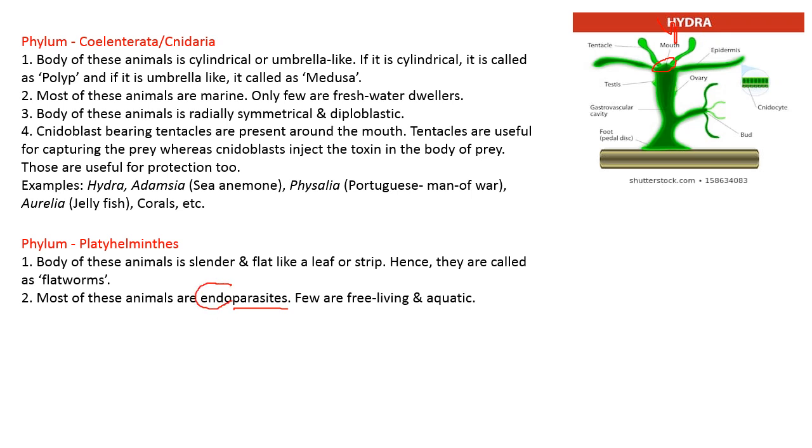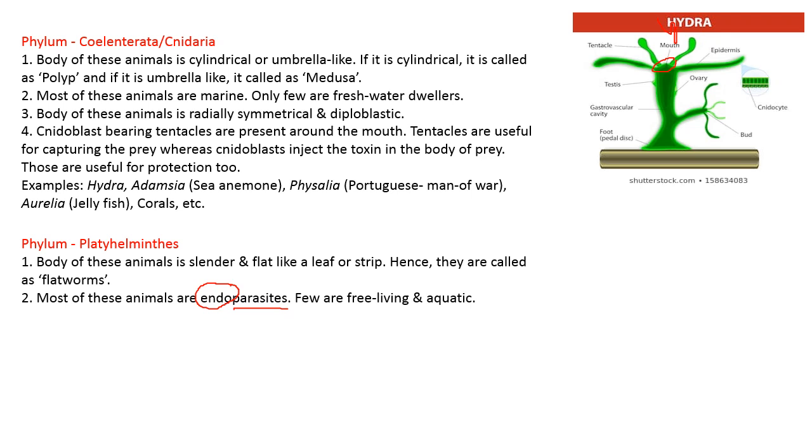So these animals depend on others from inside, going inside the body of that organism and depending on it. They do not depend from outside; they first go inside the body and get their food from inside, growing in the intestine or the internal organs of the host organism.